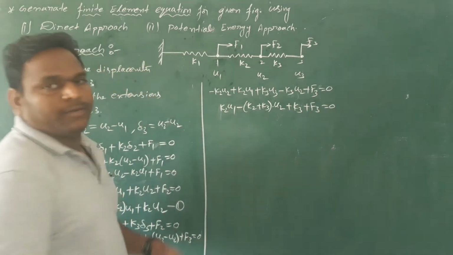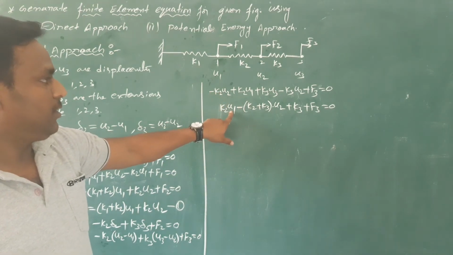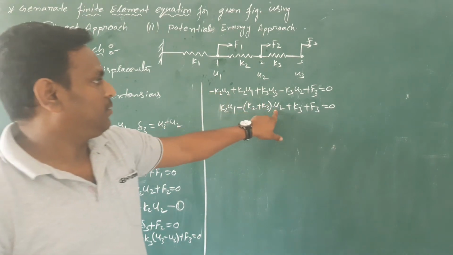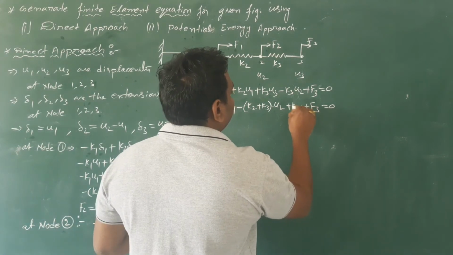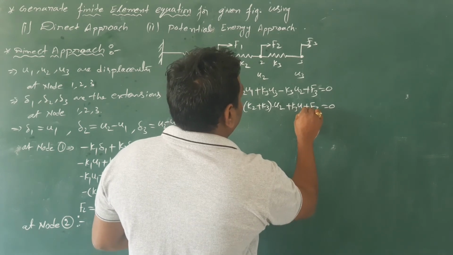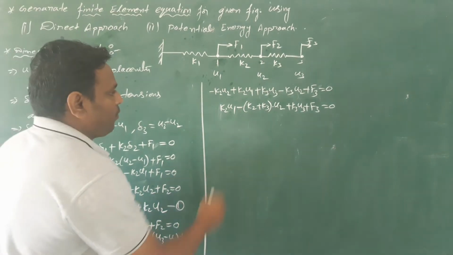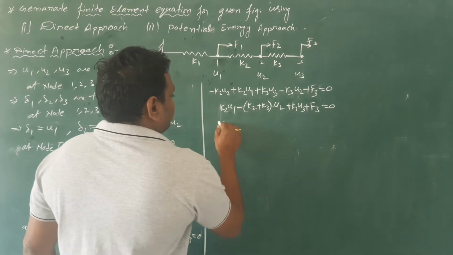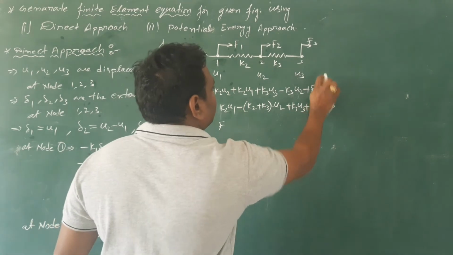I'm just simplifying here. Taking the displacements outside, U3 is there with K3. Now simplify this equation. Sorry, this is F2.